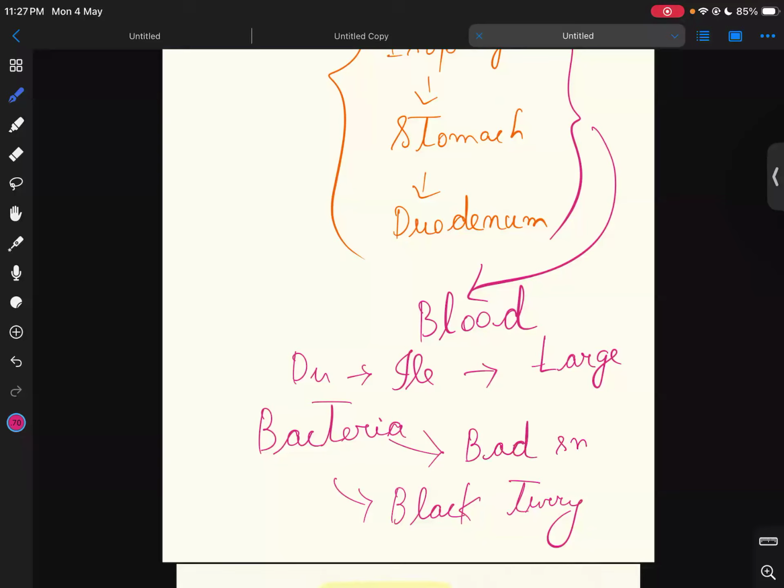That's why anyone having melena will surely have foul-smelling stool. Stool usually has a foul smell, that is usual. But this stool is going to have a very bad foul smell because the bacteria have got a chance to work on this blood. And we have to confirm it from the history.